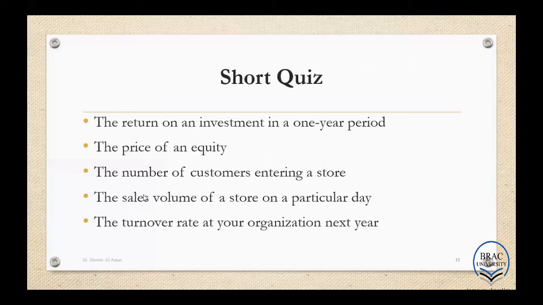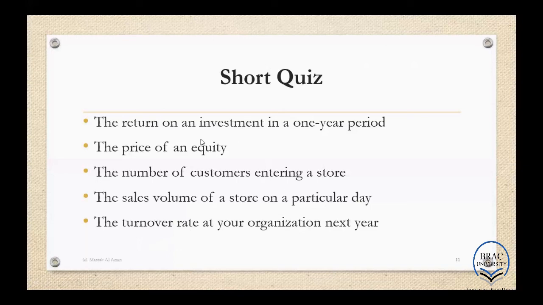So sales volume is continuous random variable because sales volume can be any fractional value as well as integer value. And the last one is the turnover rate at your organization next year. So turnover rate is also continuous random variable because turnover rate can be any fractional or integer value.